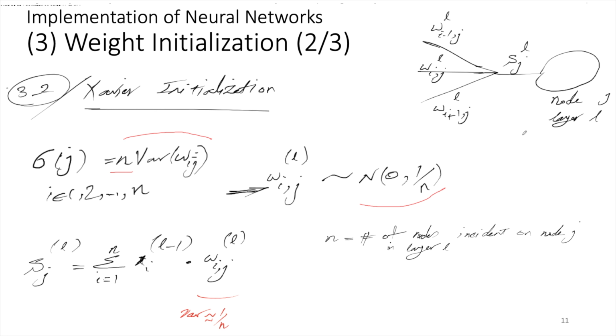Thus the signal j of L would be equal to the sum of i from 1 up to n of xi of L minus 1 multiplied by wij, and this has a variance of 1 over n.